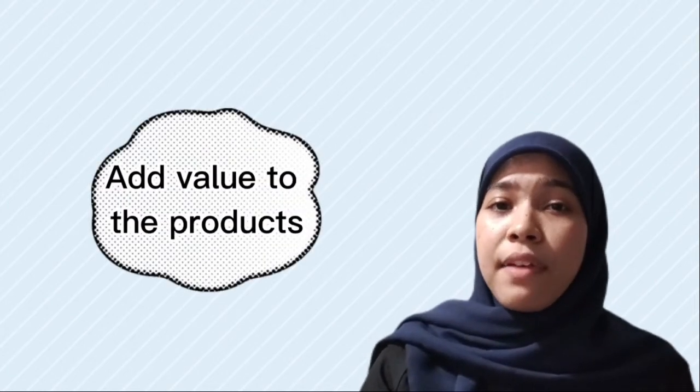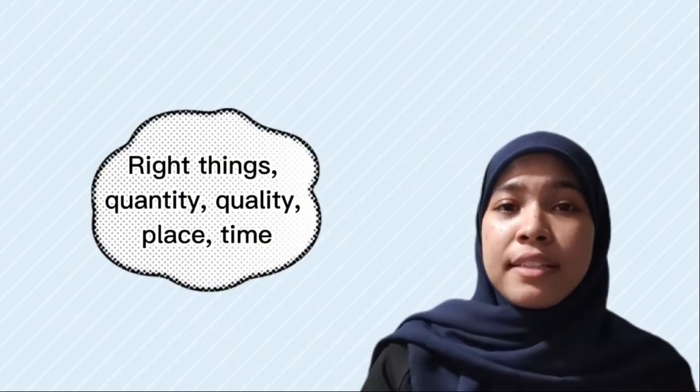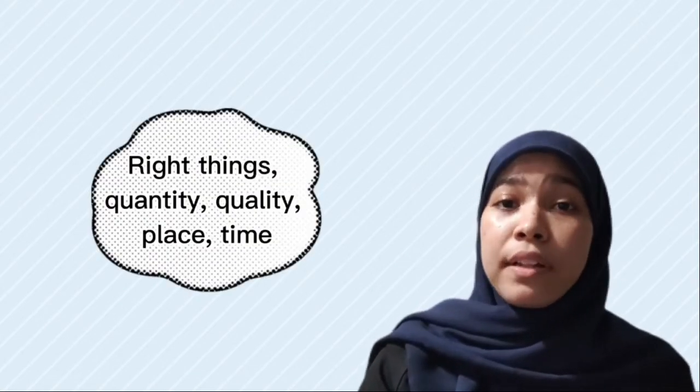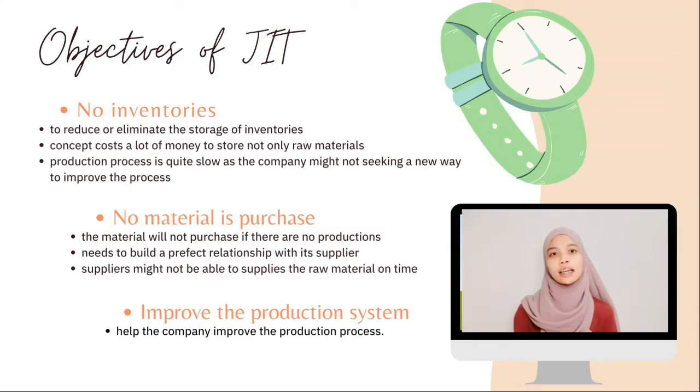And this is the essence of just-in-time production. We examine each step of the process and ask if it adds value to the final product. Thus, JIT focuses on having the right things in the right quantity and quality in the right place at the right time. Just-in-time is a manufacturing production system, and the main objectives are listed below.